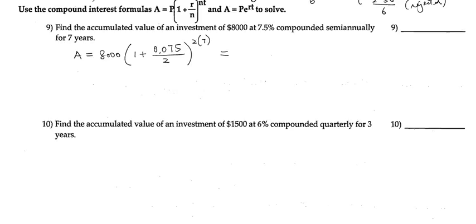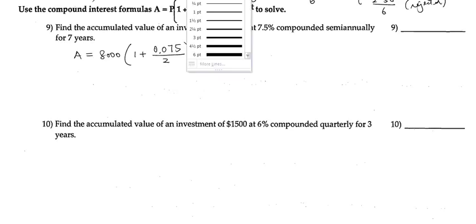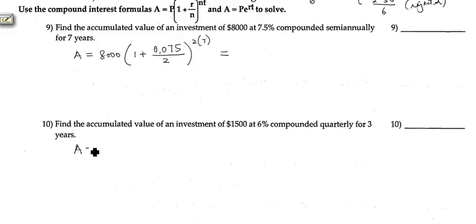A is equal to 1500 times 1 plus 0.06 over what? 4, compounded quarterly. That means they will give you interest 4 times a year. Raise it to the 4 times 3. So the rest would be the calculator job.